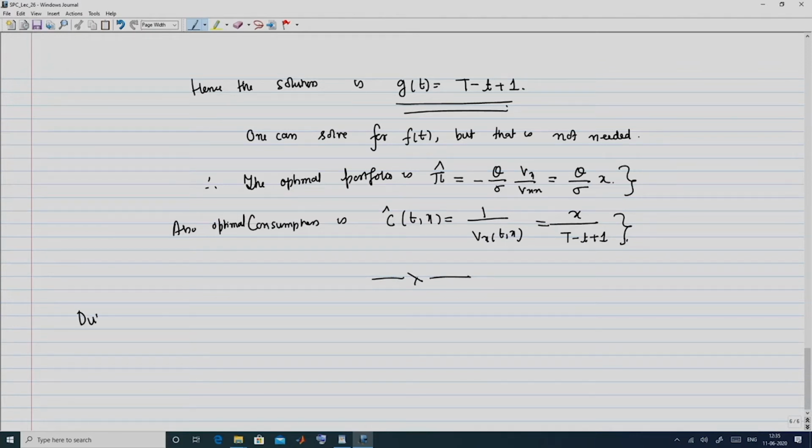So, we now come to what is known as the duality or Martingale approach to utility maximization.